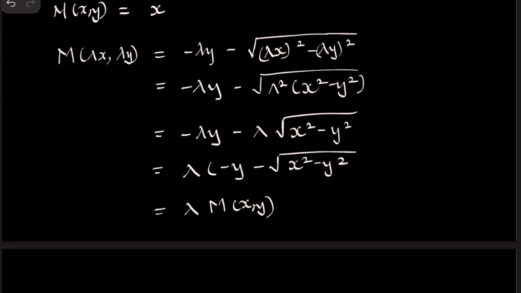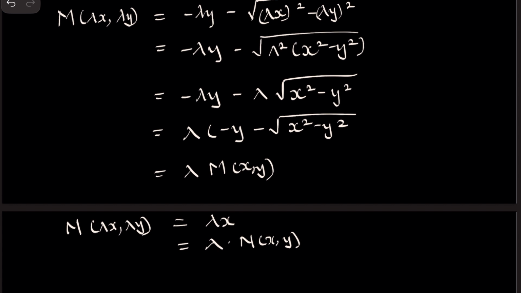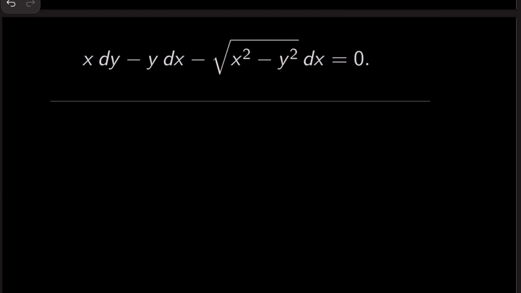Now let's verify if N is also homogeneous. So we are going to have N of lambda x, lambda y is equal to lambda x. So that's lambda times N of xy. Thus N is also homogeneous with degree 1. Since M and N are homogeneous of the same degree, we are going to use the substitution y is equal to vx and dy is equal to v dx plus x dv.